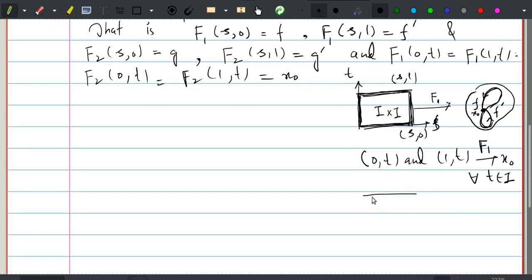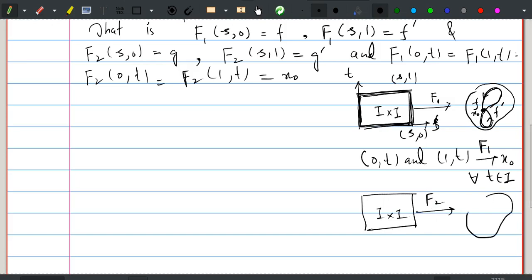Similarly, this is a square I cross I, and this is the homotopy F2. Suppose this is our space, and let us suppose this is g and this is g prime. This line segment is mapped to g, and this line is mapped to g prime.